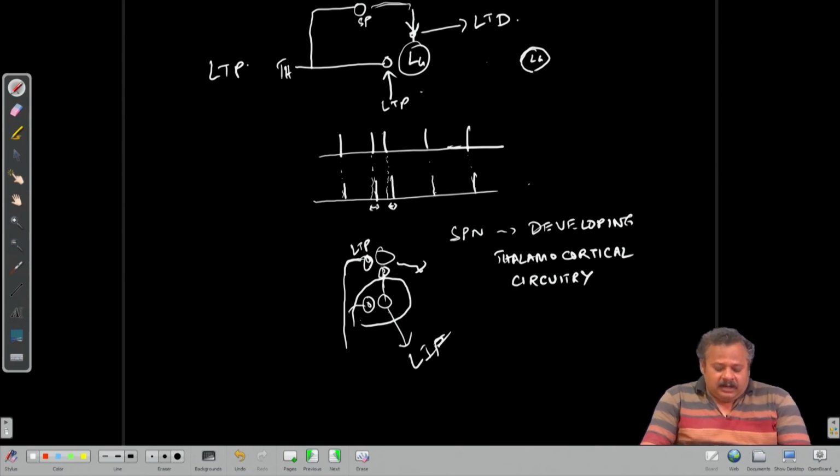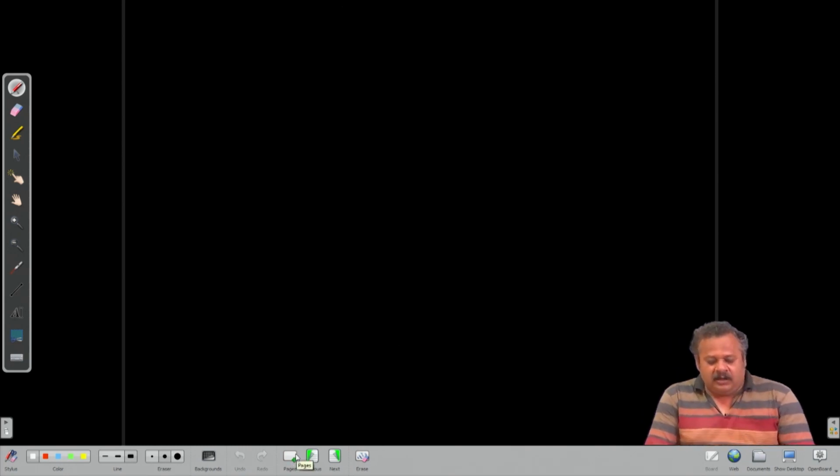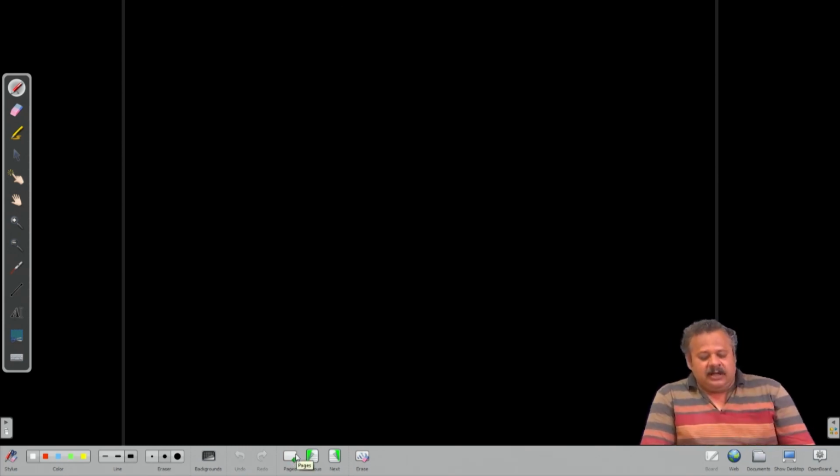Continuing with the idea of the subplate and this long term potentiation and depression, another developmental plasticity that has been observed is the expansion of the tonotopic area of a particular tone frequency.